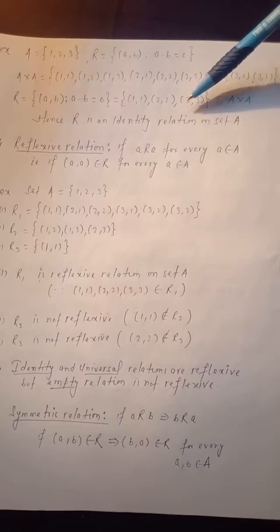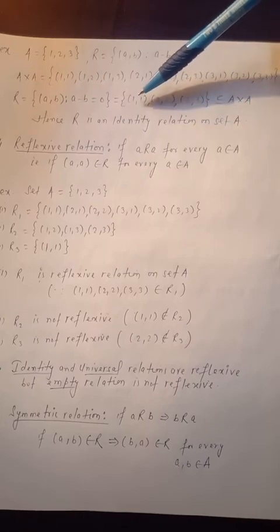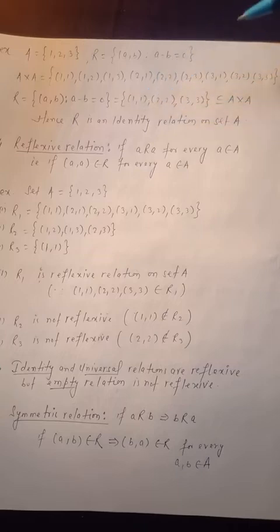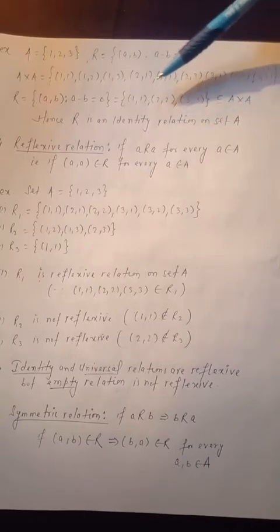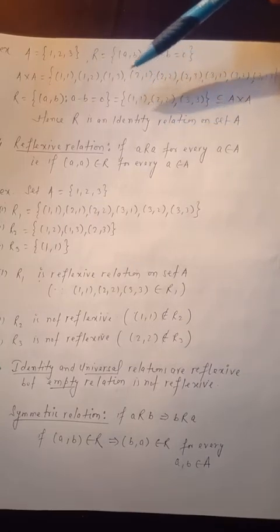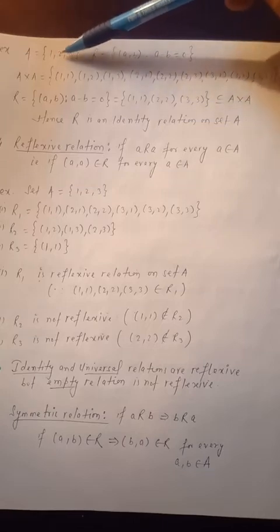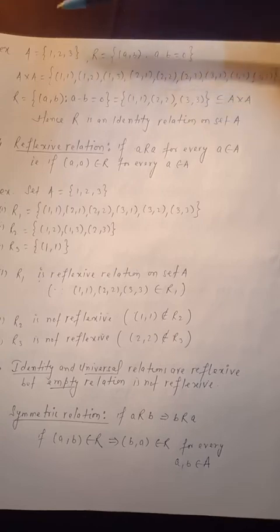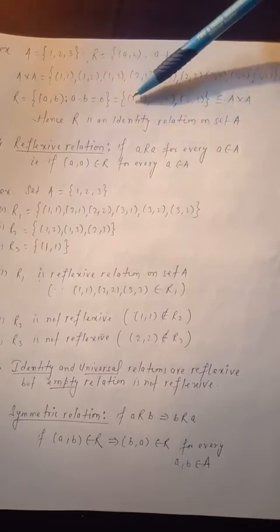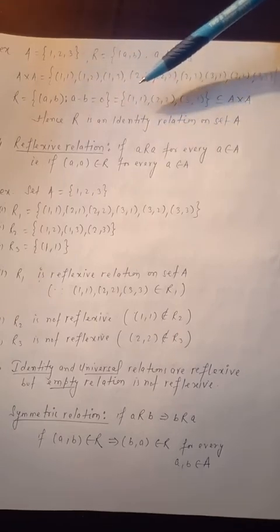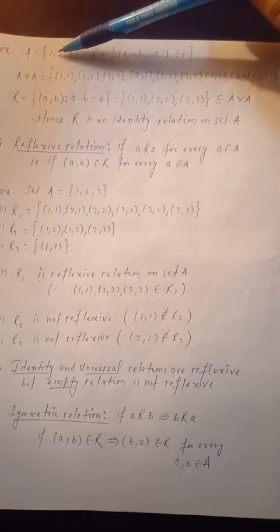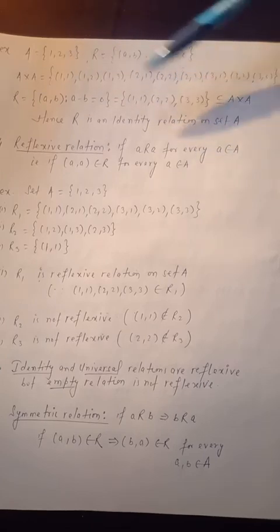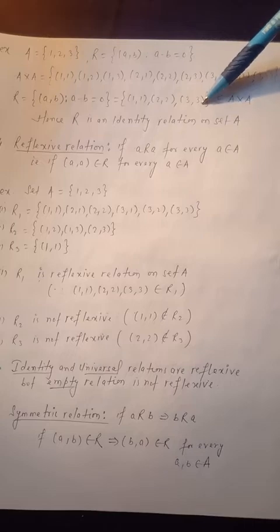So now you can observe here that every element of set A is related to itself. It means I have covered all the elements 1, 2 and 3. You can see 1 is related to itself, 1 is related to 1. Similarly 2 is related to 2 and 3 is related to 3.